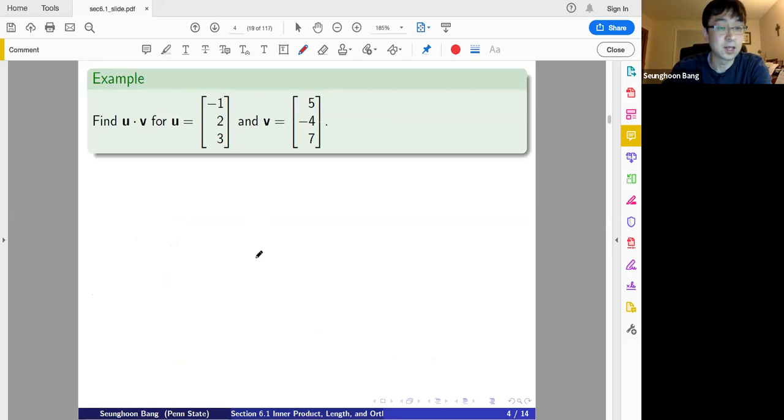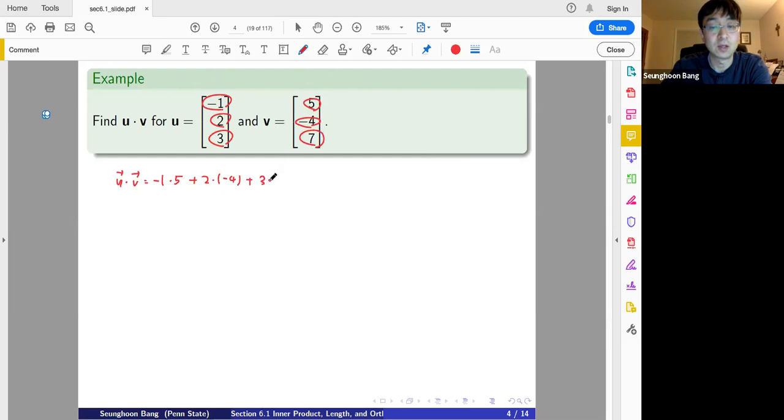This is an example. Find the inner product of u and v, where u and v are given. So how can you find it? We have vector u dot vector v: negative 1 times 5, plus 2 times negative 4, plus 3 times 7.